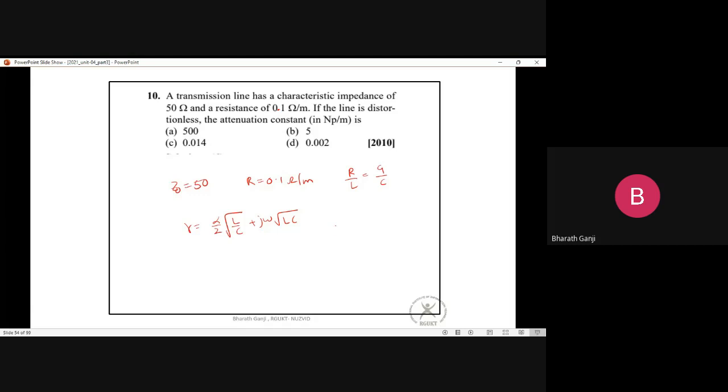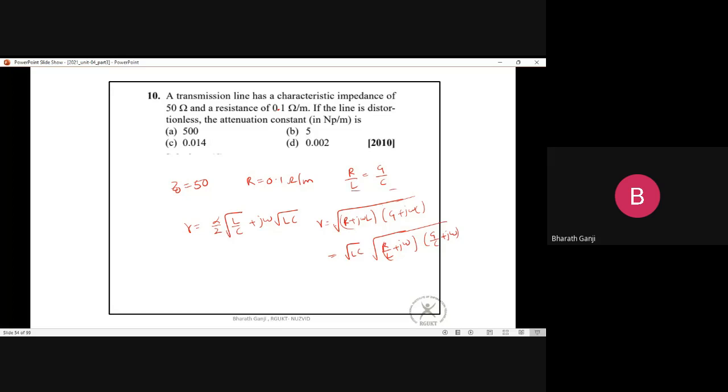So the gamma expression is square root of (R plus j omega L) times (G plus j omega C). Here we have taken L as common and here we have taken C as common. So we have square root of LC into square root of (R by L plus j omega) times (G by C plus j omega).